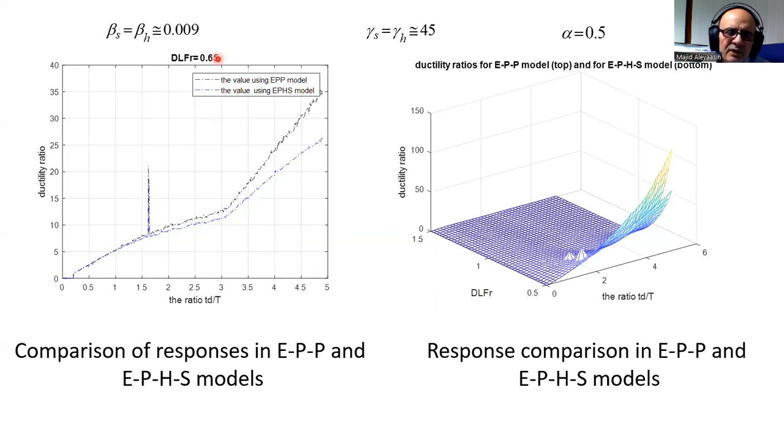If we reduce this response curve in blast analysis, the response curve will change shape. Instead of omega divided by omega n, it is the ratio of the duration of the pulse divided by the natural period of the structure.